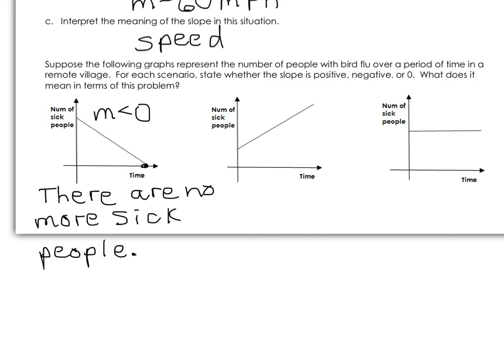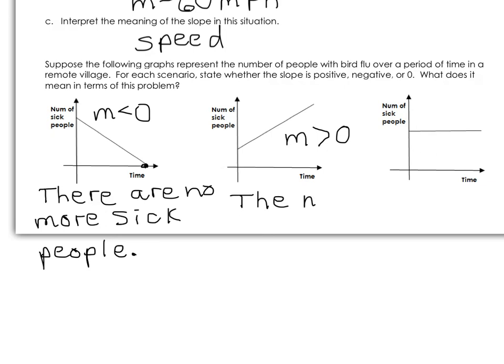In our second situation, the number of sick people starts off, and then over time it increases. It keeps getting bigger and bigger. M is greater than 0. A positive slope because the number of sick people is increasing. What does this mean in terms of the village? They've got problems.